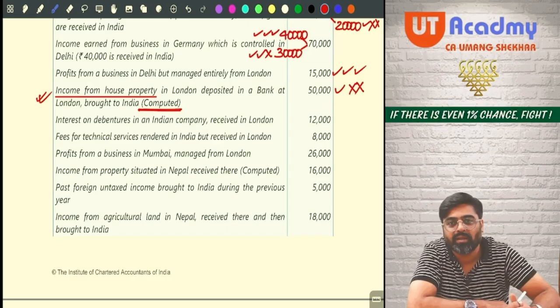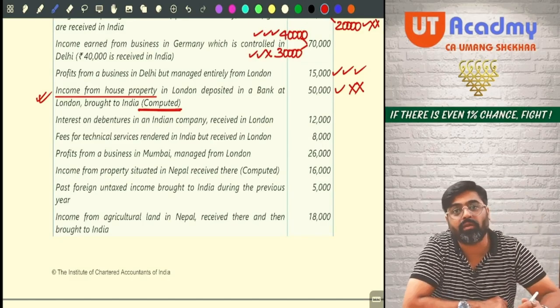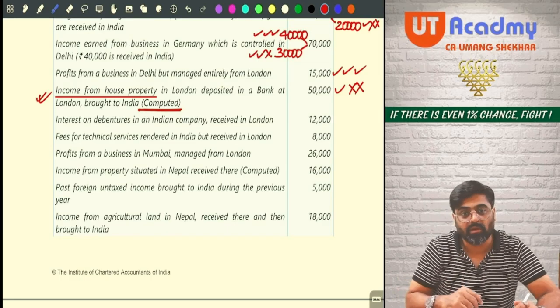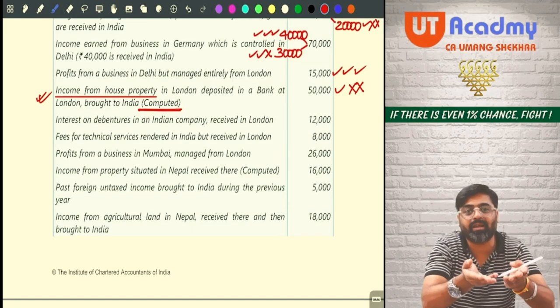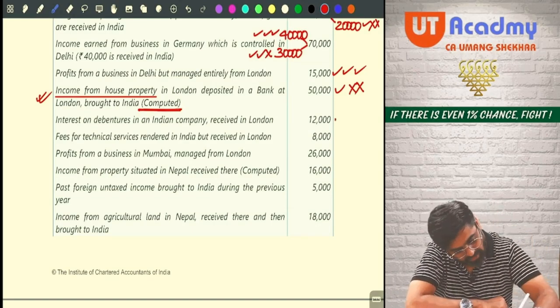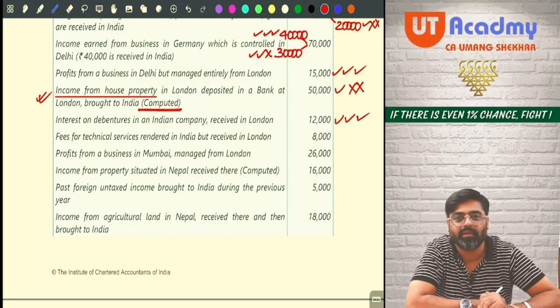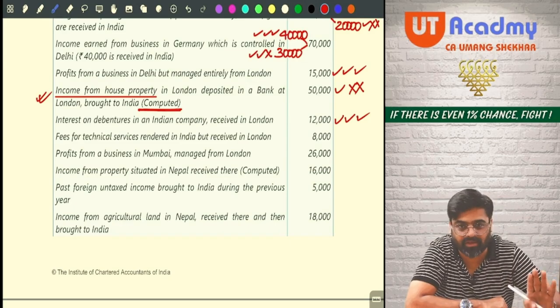And moreover, they are saying that it was received in London. Oh, what if it is received in London? Will it make any difference? No. Because the entire amount is your income deemed to accrue or arise in India. Yes or no? So what will you do? Tick, tick, tick. Because this is covered by section number 9. Indian company is resident.